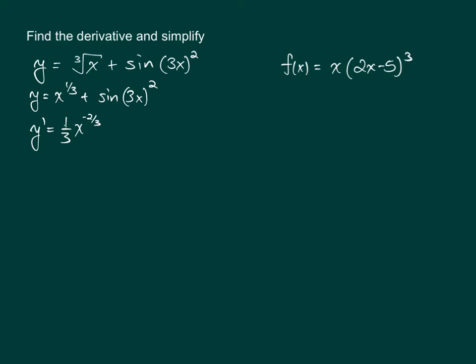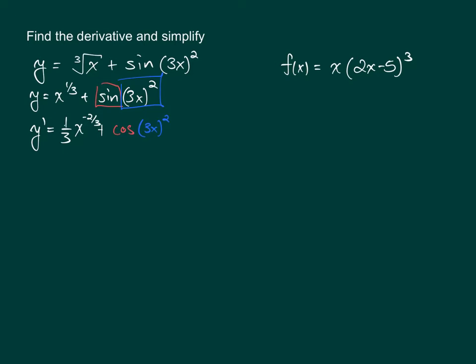And in the second term over here, there's a sine on the outside and a 3x squared on the inside. So this will be plus, with the chain rule, you take the derivative of the outside function and leave the inside function alone. So that'll be cosine of 3x the quantity squared.